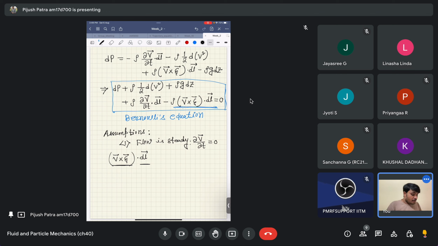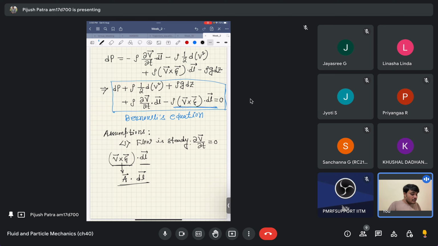So the velocity vector crossed with the vorticity vector, let's say this vector is some vector a, and then this is dl. When a dot dl is 0, that means this a vector is perpendicular to this dl vector, then this term will be 0. That is the one condition.